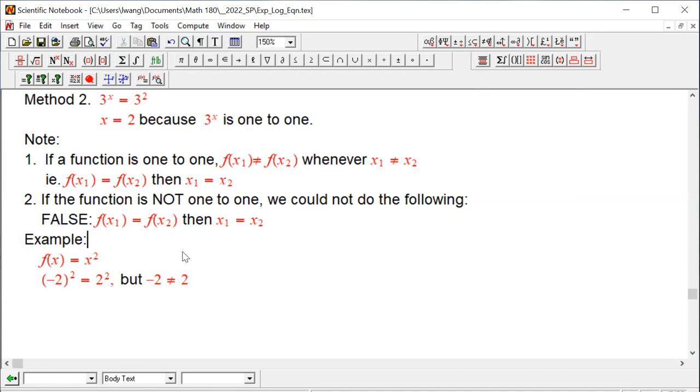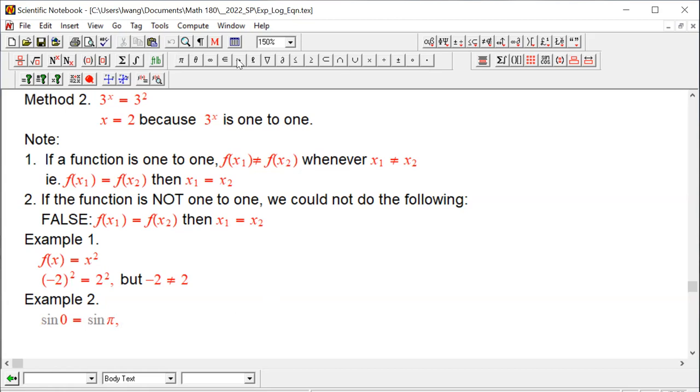Example number 2, we know that x squared is not a 1-to-1 function. Let's use our trig function to explain this. Sine 0 is equal to sine pi, which is true. Can you say 0 is equal to pi?